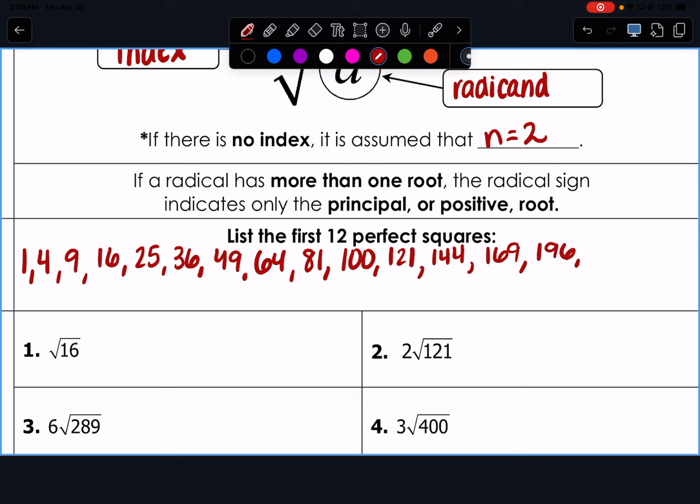Those two just flip-flop, which is how I remember them. And then 15 is going to be 225. So if you know your perfect squares, it will make simplifying radicals and evaluating them a lot easier.